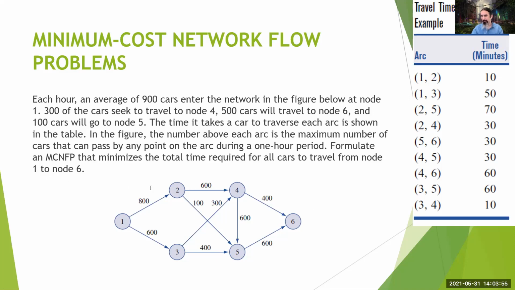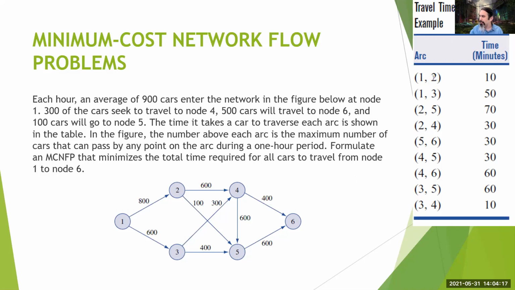All cars must travel from node 1 to 6. We know that we have some supplies, some demands and some capacities as well. What we need to do is find how we can get the least time available.